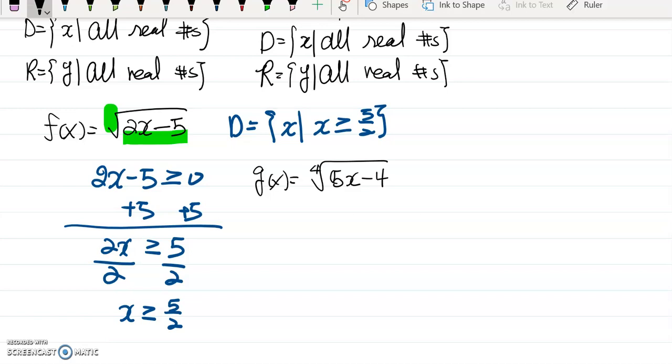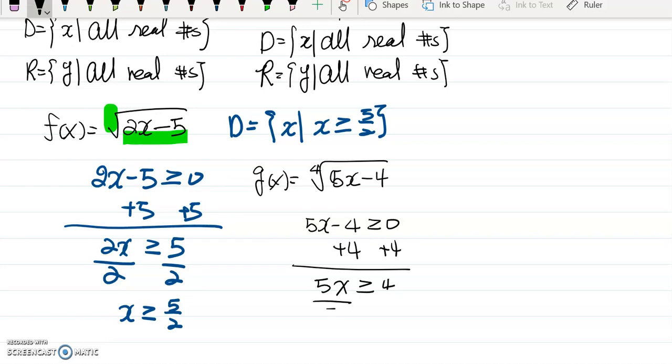So the fourth root is also even, so you can just say 5x minus 4 must be bigger than or equal to 0, and then plus 4, then 5x is bigger than or equal to 4, and divide by 5, then the domain becomes x must be bigger than or equal to 4 over 5. How simple it is, right?